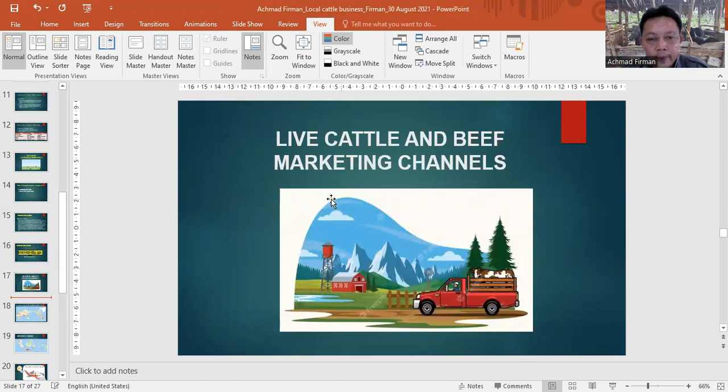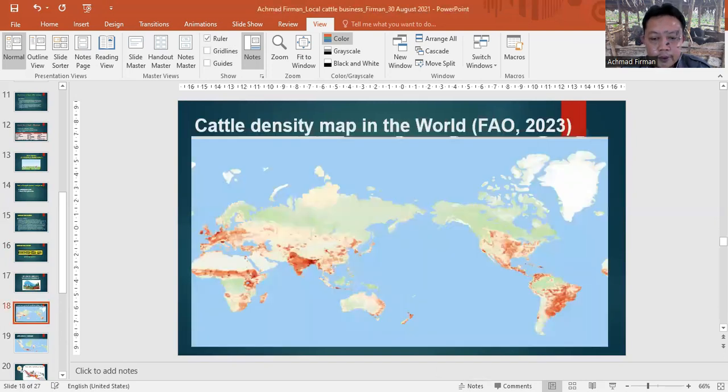Live cattle and beef marketing channels. In this section I would like to explain the marketing channel, especially for live cattle and beef. First, you can see the cattle density map of the world by FAO 2023.